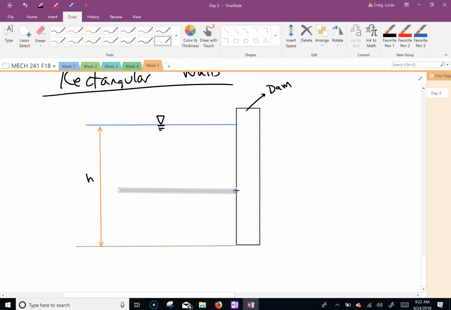Right about there, actually, probably more there. And a little farther down, right there. So that light purple is the centroid, the half of that water height.